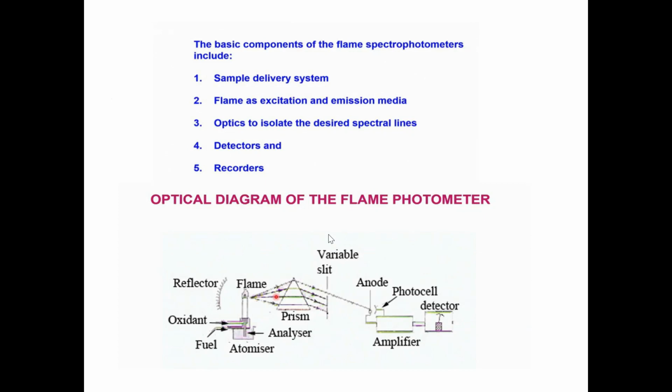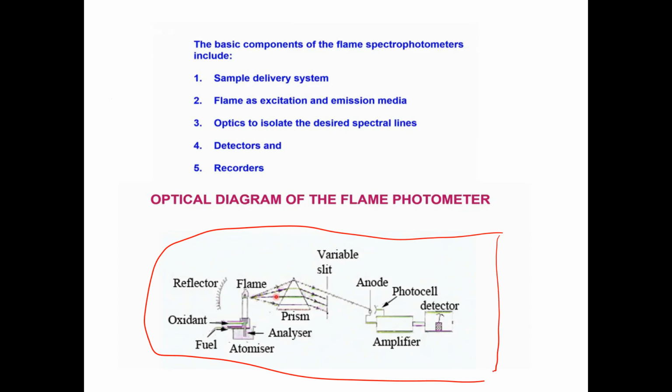So you can see here the optical diagram of the flame photometer. There is one atomizer, and two oxidant and fuel gas inlets. This is the flame, and then you put a prism, basically a prism analyzer, that will disperse the radiations coming out from the flame.